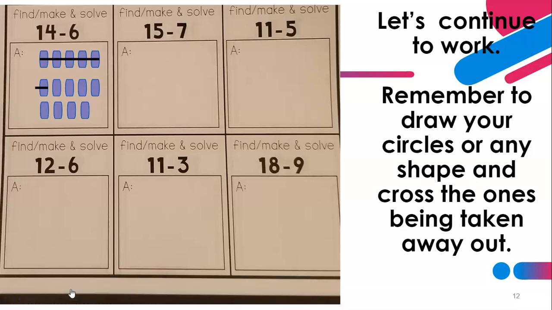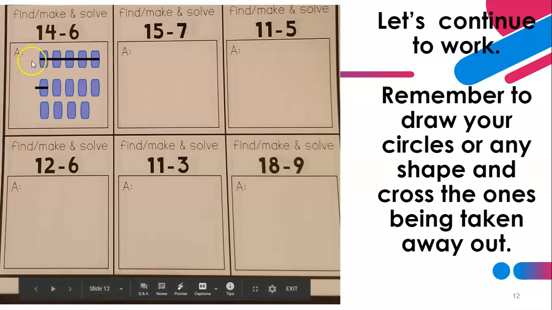Let's continue to work. We have one more problem that we're going to work, and that says 14 minus 6. Now, first off, Ms. Horne grouped her numbers into groups of 5, and she used the 5 to take away a group of 5 plus 1, which gave me 6. And then I counted up how many was left.